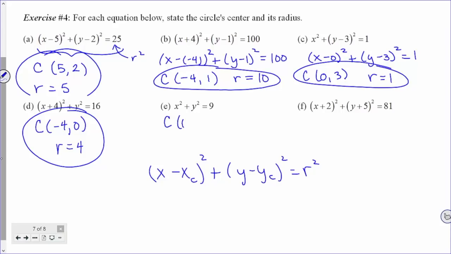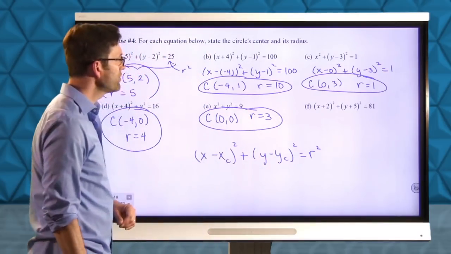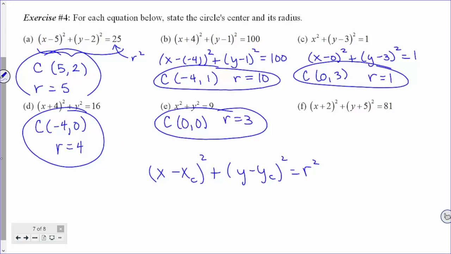My center is at the origin, (0, 0), and my radius is equal to 3. Easy enough. And finally, (x plus 2) squared plus (y plus 5) squared equals 81. My center will be at (negative 2, negative 5), and my radius will be equal to 9.